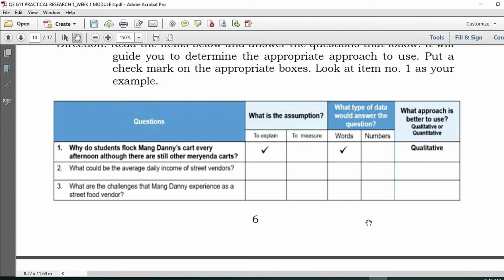Okay, number 3. What are the challenges that Mang Dani experienced as a street food vendor? So the assumption is to explain. And what type of data do you need? Words. And the approach is qualitative. Correct.